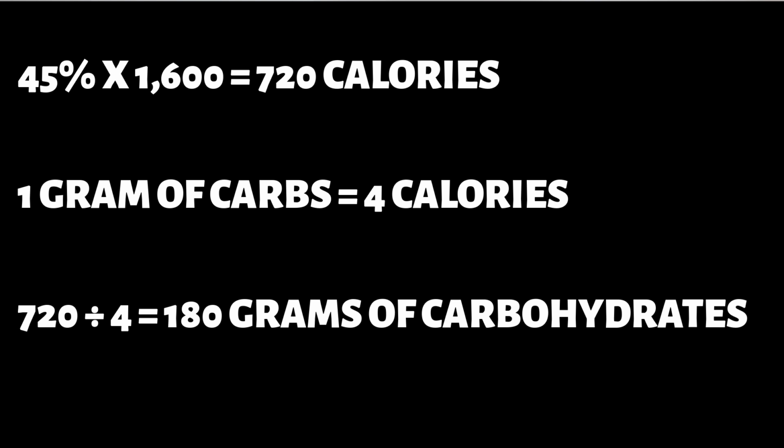Remember, 1 gram of carbohydrates would give you 4 calories. So that's the reason why you're dividing by 4. So you'll take 720, divide by 4. Then you would get 180 grams of carbohydrates that you need to distribute within your day for you to be able to maintain your blood sugar level, within, of course, the amount of insulin that you are also taking.